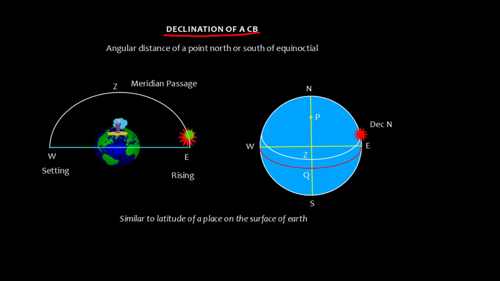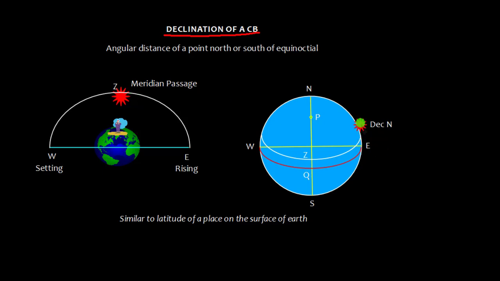This is the daily motion of the sun, rising in the east, crossing the observer's meridian, and setting in the west. This is rising, when the sun is here in the east, and this is setting, when the sun is here at the west, and when it is crossing the meridian, that is meridian passage, called noon.